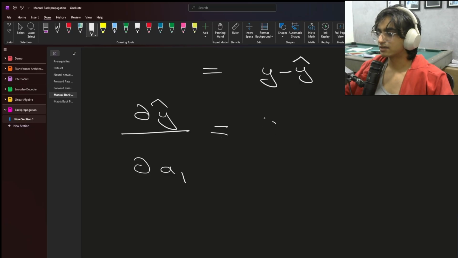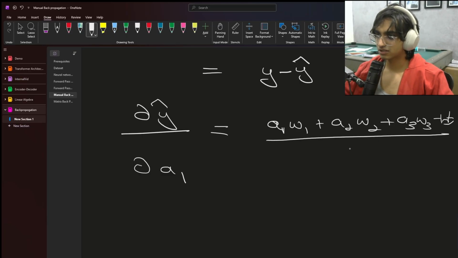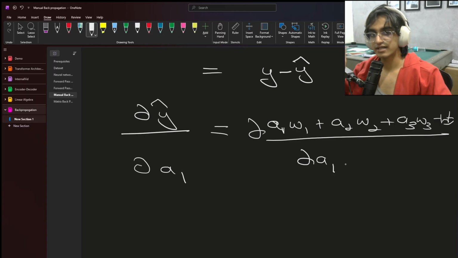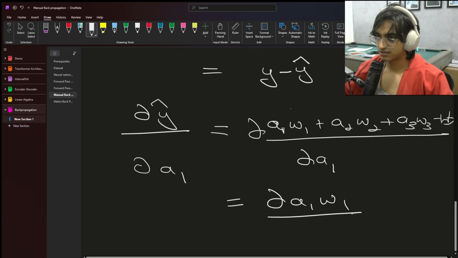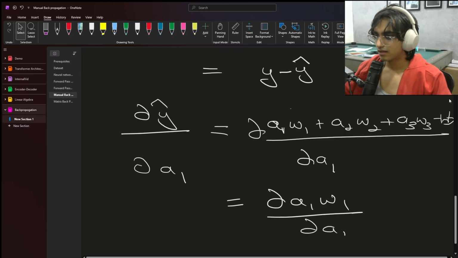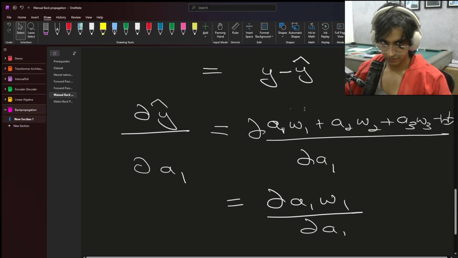What is y cap? If you recall the equation, it's A1 W1 plus A2 W2 plus A3 W3 plus B. Again, I'm not writing the layers because that'll just take too much. So the derivative of this with respect to A1: everything else is a constant except for the A1 term. So this essentially just becomes del A1 W1 plus del A1, and this is nothing but W1. Good, now we found this.